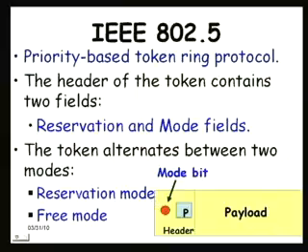In the reservation mode, the different stations, the different nodes on the network, make a reservation based on the priority of the message they have.